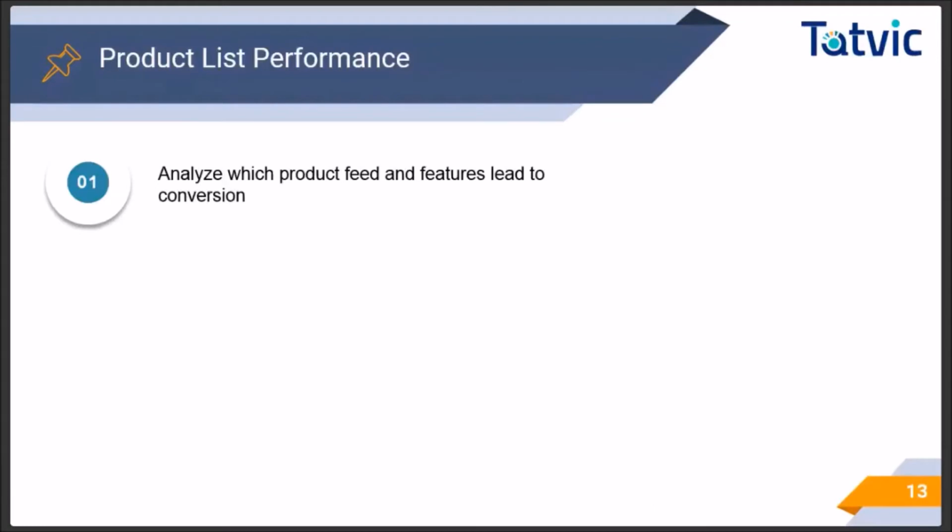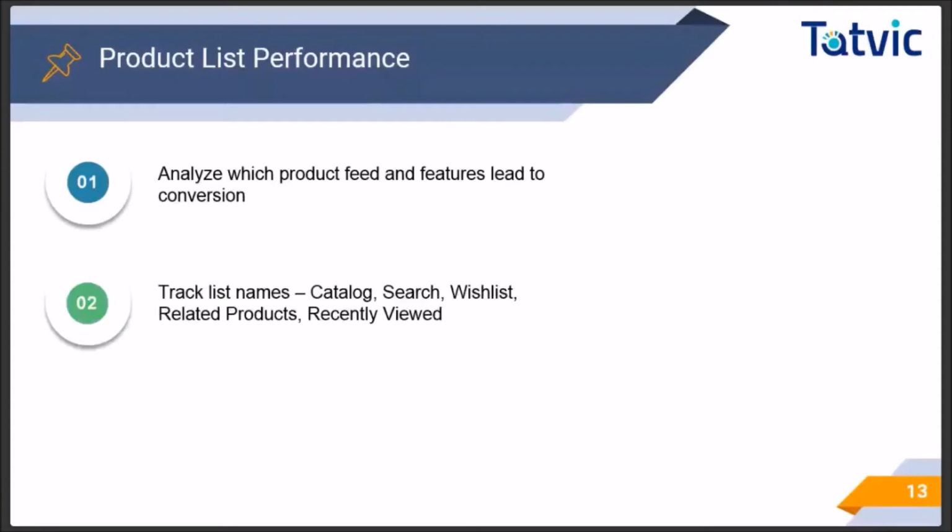And you will always want to measure the performance of these different lists. Product list performance report combines the user journey for each and every list, right from list views till transaction, eventually giving me a measure of how these lists are performing.